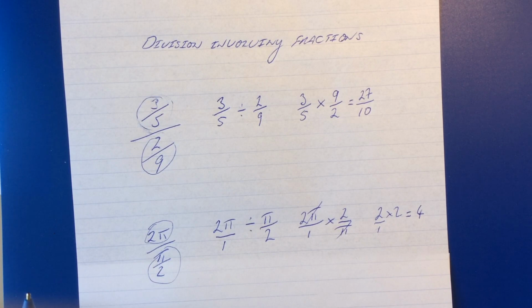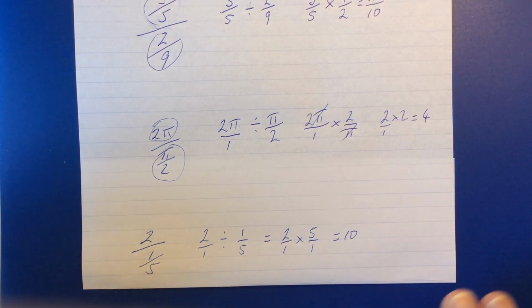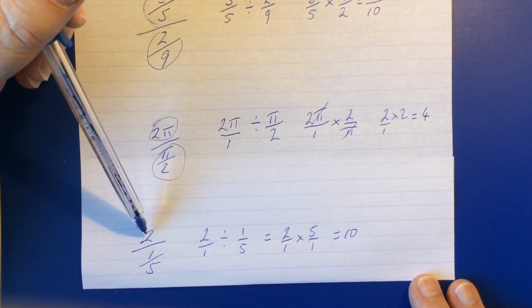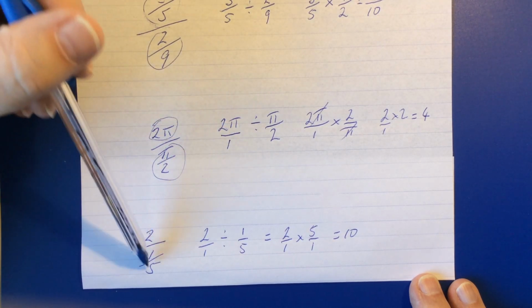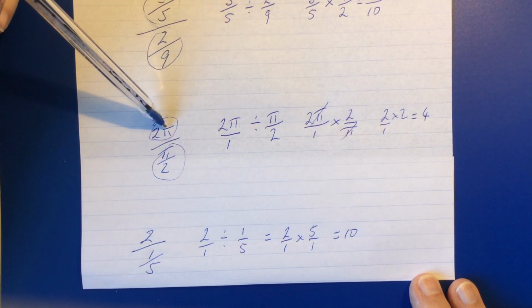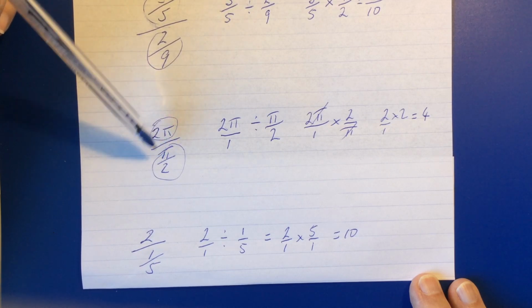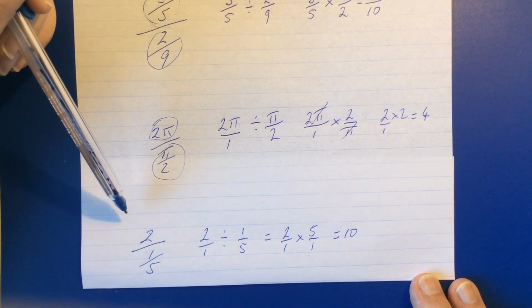Now, getting back into the realm of the sort of numbers that the majority of you might be interested in, I'm going to just apply a similar rule here without the interference of symbols that you're not used to. So 2 divided by 1/5.